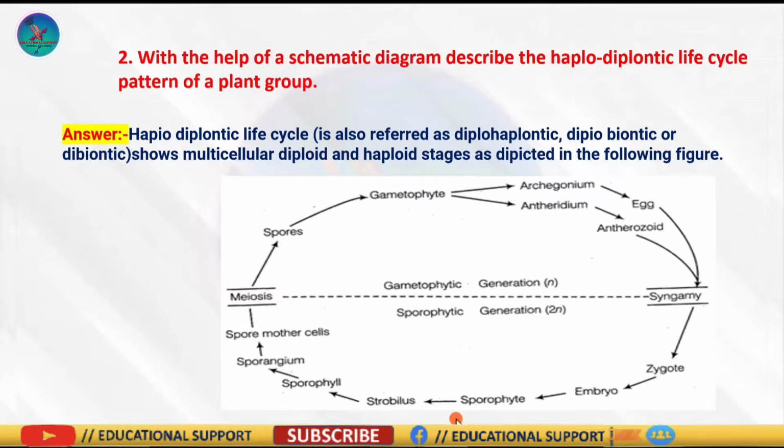The gametophyte produces gametes by mitosis, while haploid spores are produced by the sporophyte following meiosis. The two gametes fuse to produce a zygote which develops into the diploid sporophyte. This schematic diagram represents the haplodiploidic life cycle of a pteridophyte.